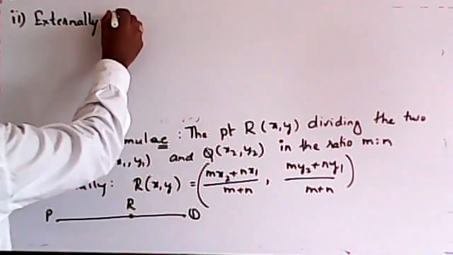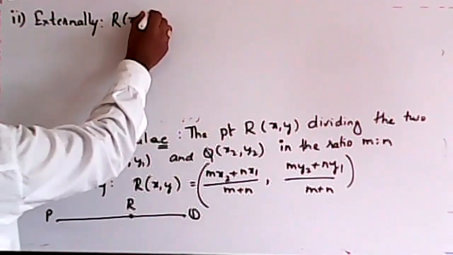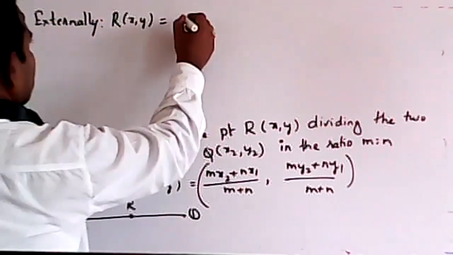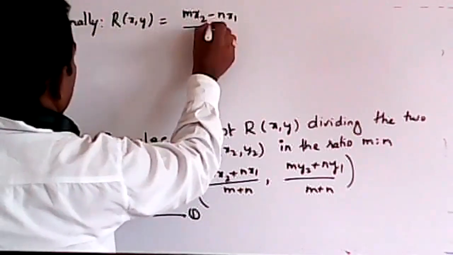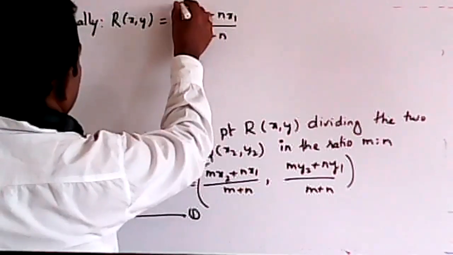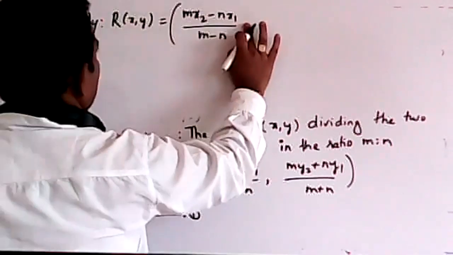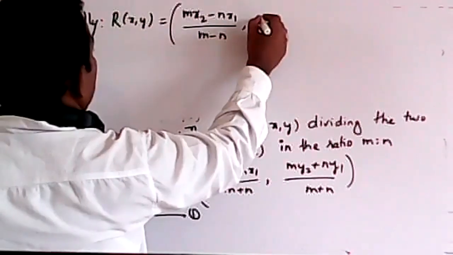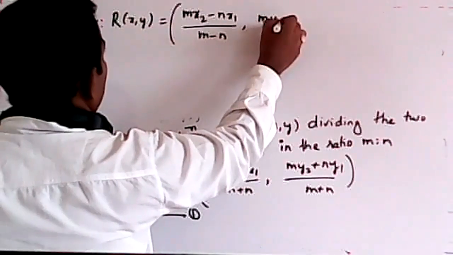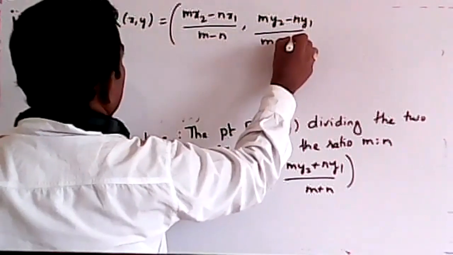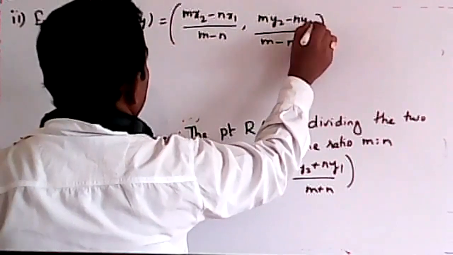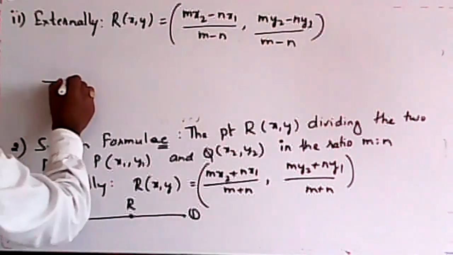That is R x y is equal to m x2 minus n x1 by m minus n. Again m y2 minus n y1 divided by m minus n, right? So let me show the diagram.